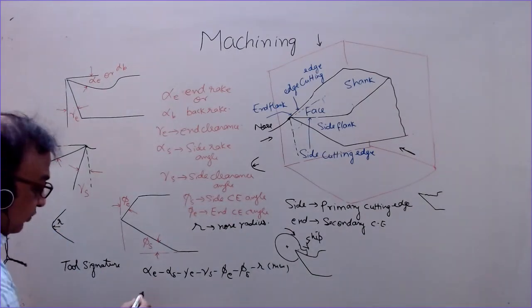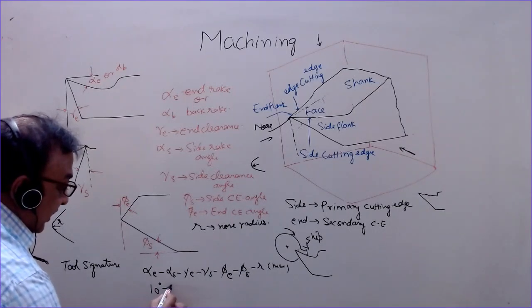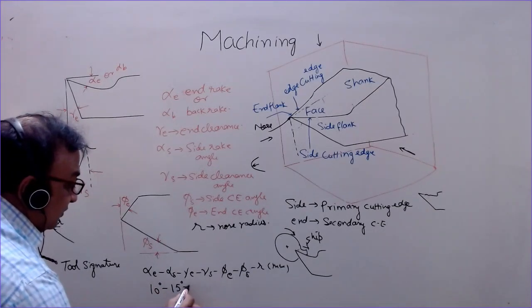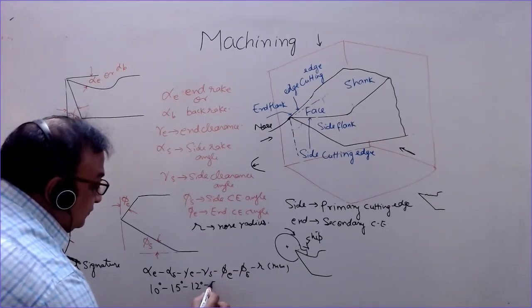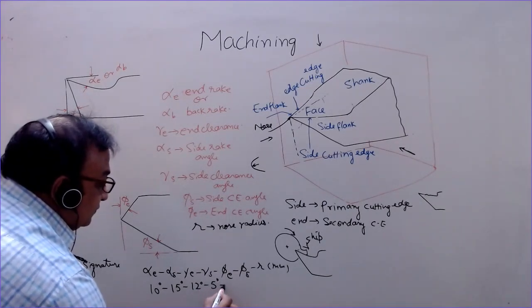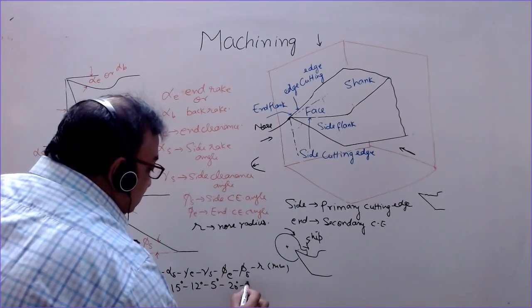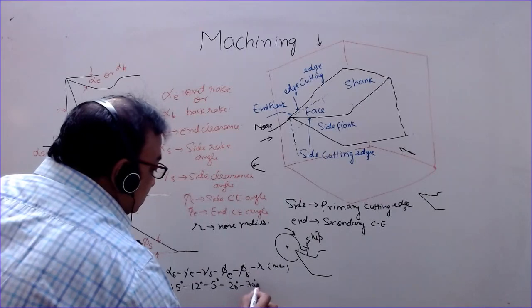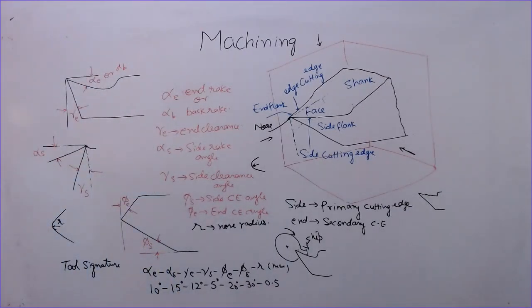A particular tool signature can be, for example, written like this. This is a tool signature. This designates the angles in the given order.